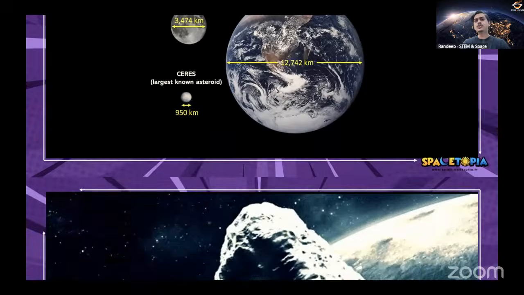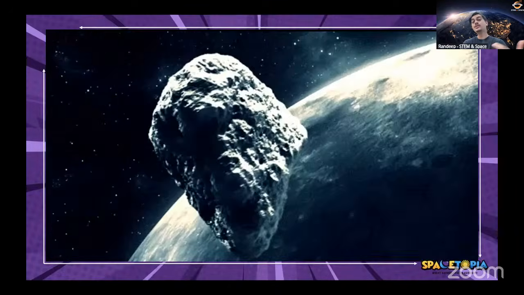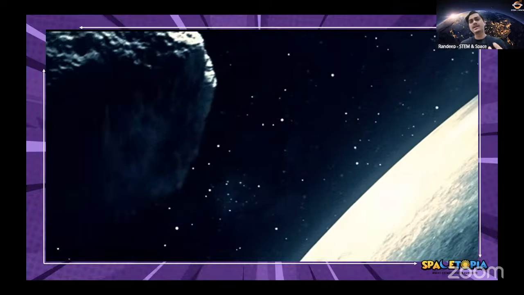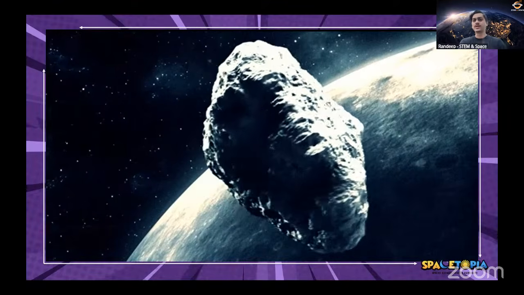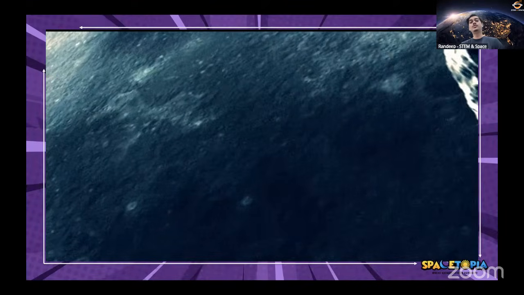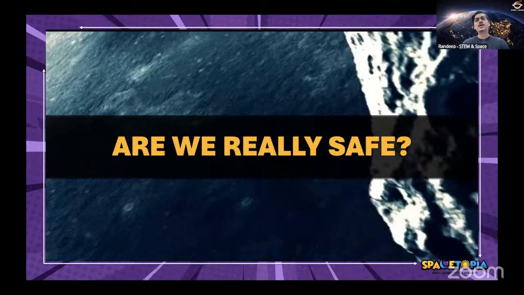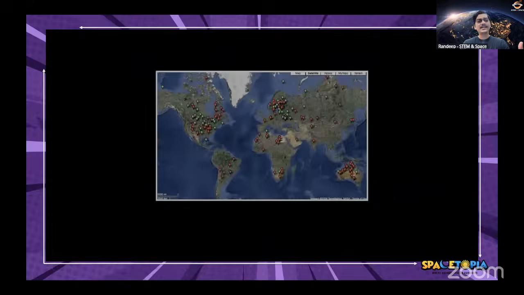So what makes asteroids so dangerous? Well, it's not their size, it's the speed or the velocity with which they are moving. They're moving at very high speed. So even if it's just a few kilometers wide, it can lead to a devastating impact when it hits the Earth or any other kind of surface. So the question is, are we really safe?